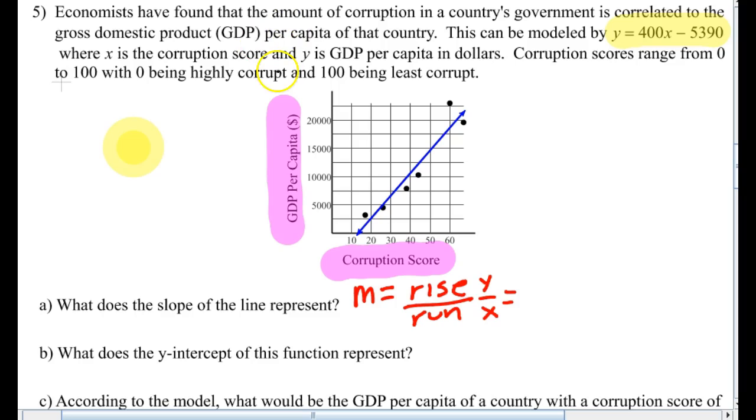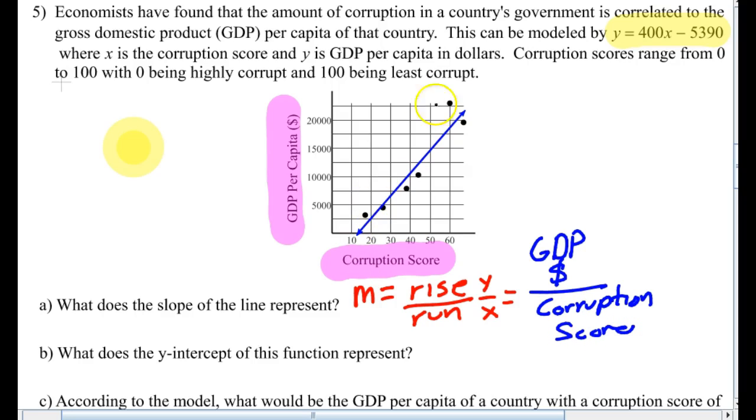So similar here, look at these. The y is dollars, GDP, gross domestic product, per capita, like per person almost, and then over the corruption score. So that's what the slope means. So as it moves up, it means as the GDP goes up, as the corruption score goes up.